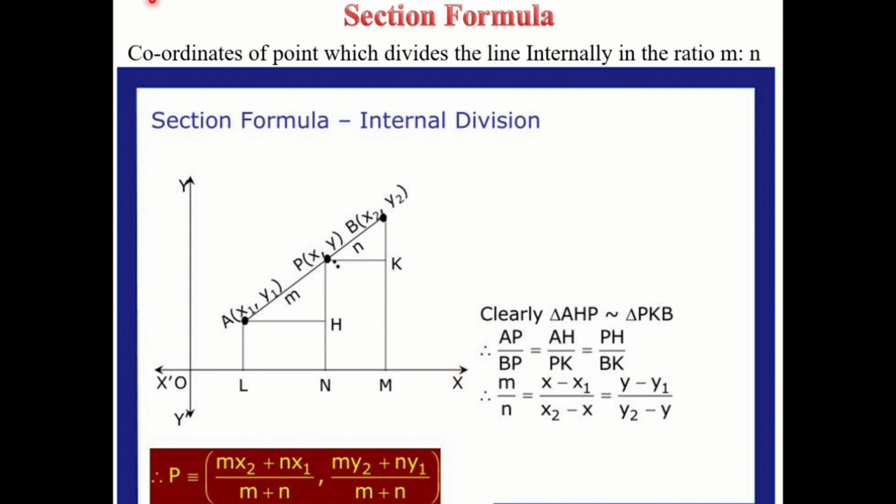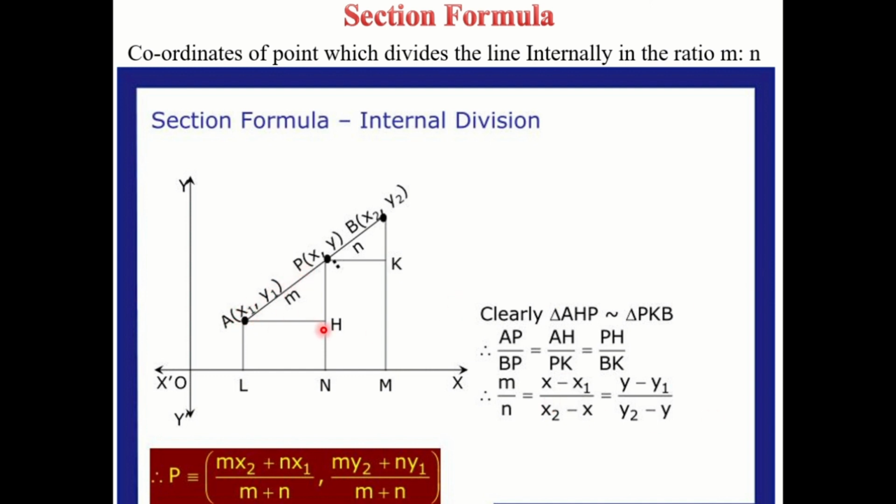I will repeat: AL, PN and BM are perpendicular to the x-axis, and AH and PK are drawn parallel to the x-axis.